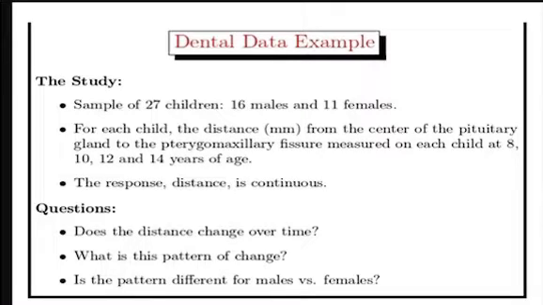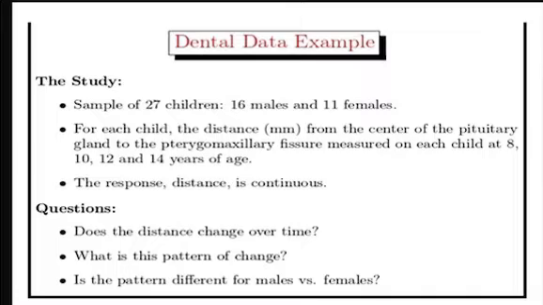Then, what is the pattern of change? If there's a change, the pattern of change becomes more important to us. Is there a different pattern for males and females? Don't forget, that's another factor. What I see here is a two-way ANOVA with a repeated measure, where I can see gender and I'm also seeing time.